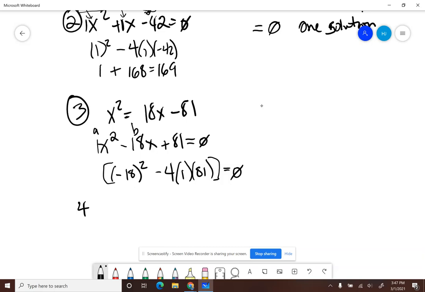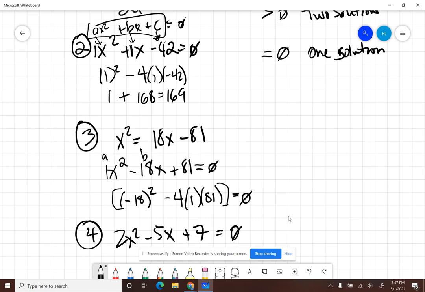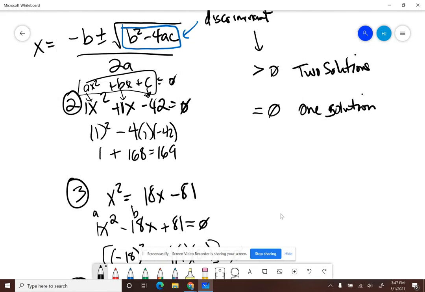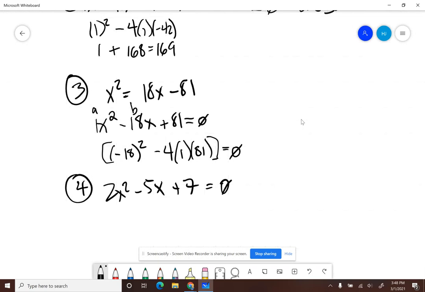So on number 4, let's say that we have 2x squared minus 5x plus 7, and that's, again, equal to 0. And so, again, we're only focused on the discriminant. That's all we're worried about, this part right here, the part that's underneath the radical sign. So I'm going to be looking for b squared minus 4ac.